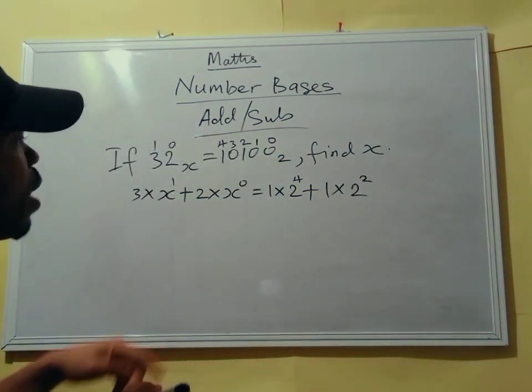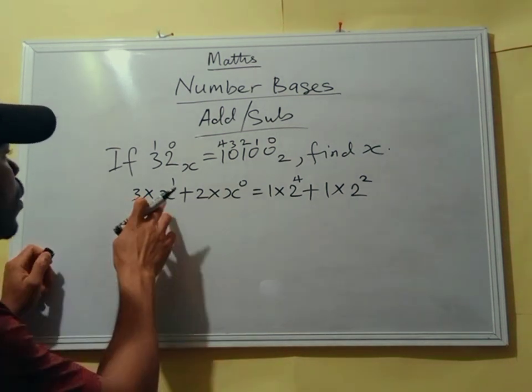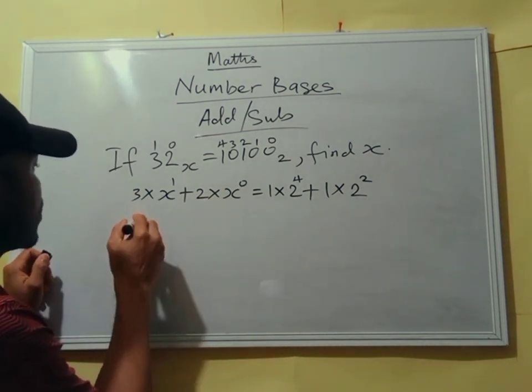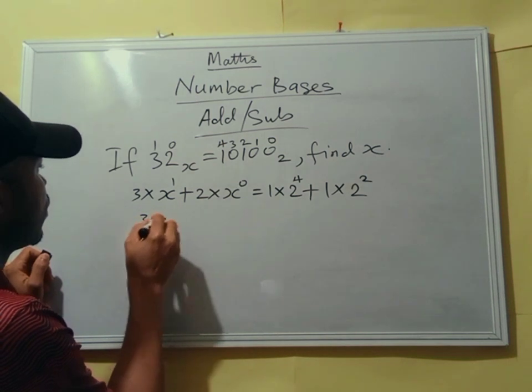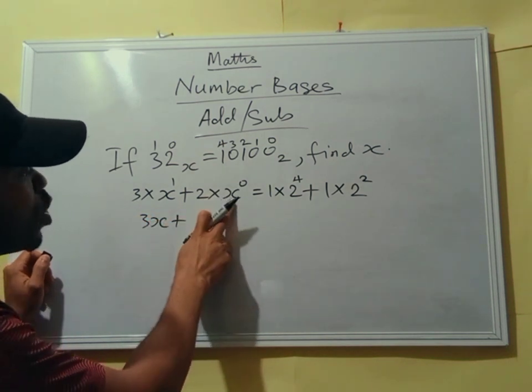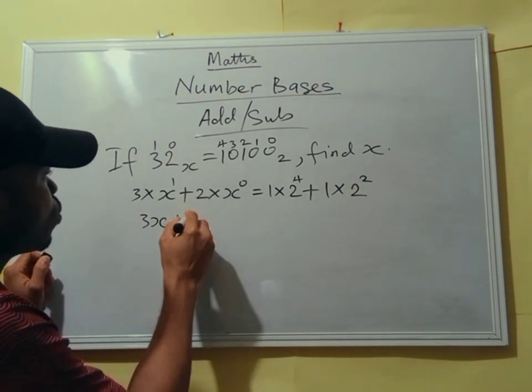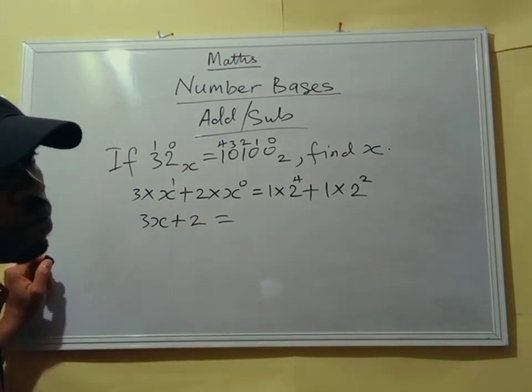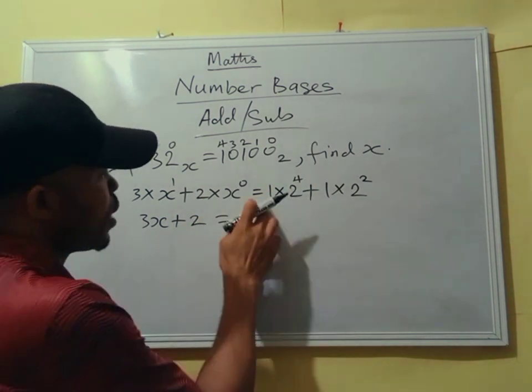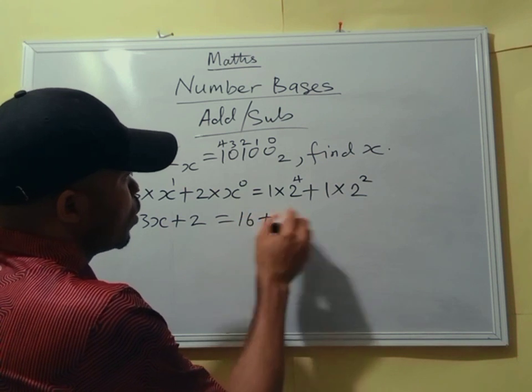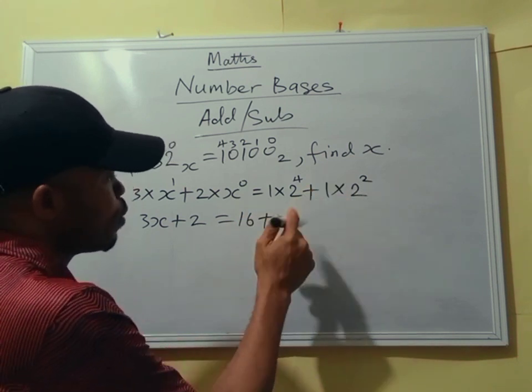So here we have x to the power 1 is still x. x times 3 is 3x. Plus x to the power 0 is 1, 1 times 2 is 2. Equals 2 to the power 4 is 16, times 1 is still 16. 2 to the power 2 is 4, times 1 is still 4.